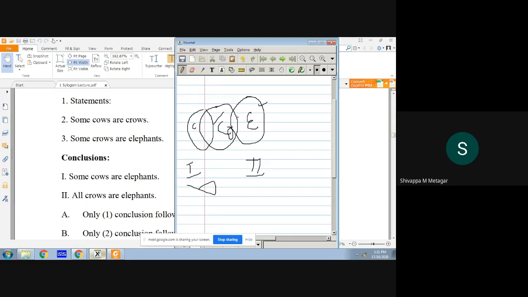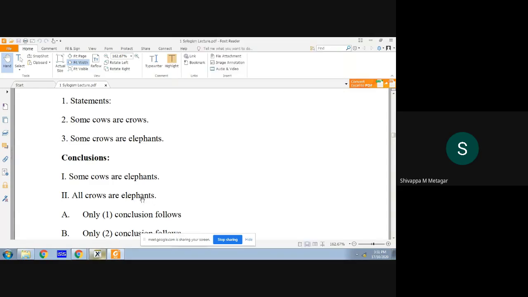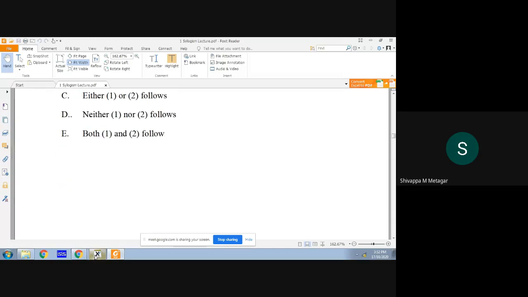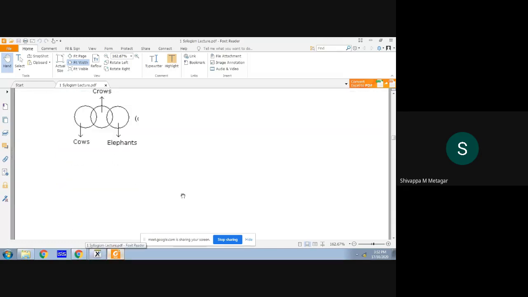No, because some crows are elephants or some elephants are crows, but all is no. Both the conclusions are wrong. So what is your right answer? Neither one nor two follows. Yes, as you can see here, crows, cows, and elephants.